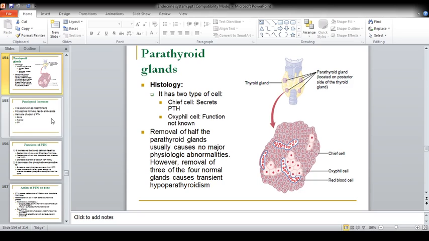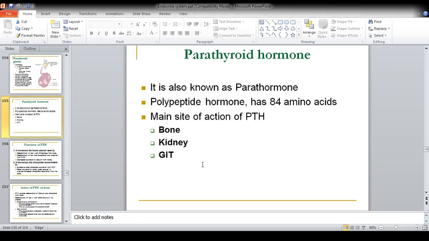But if we remove three to four parathyroid glands, then the patient would undergo a condition known as hypoparathyroidism, or decreased amount of parathyroid hormone within the blood and the body. The parathyroid hormone is also known as parathormone.